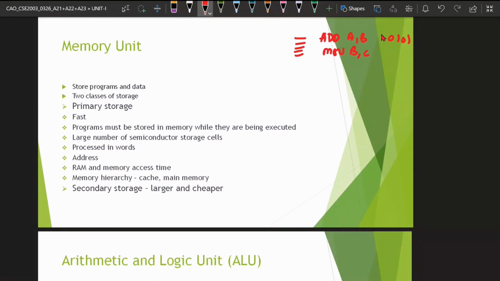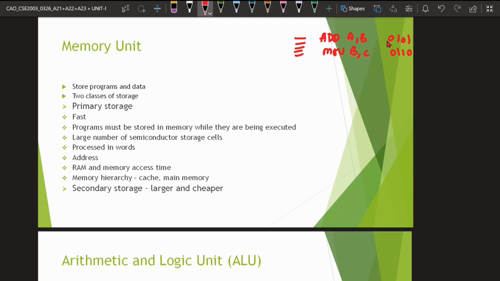So for add there is a particular code, and for move there is a particular code. This is just the symbolic one, but for each instruction, there is a particular binary code. So these codes are basically stored.